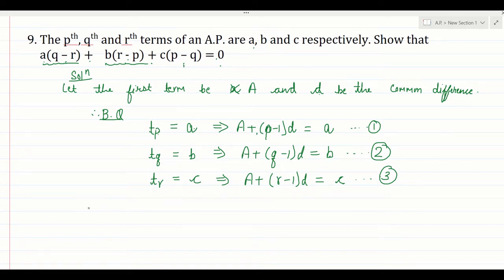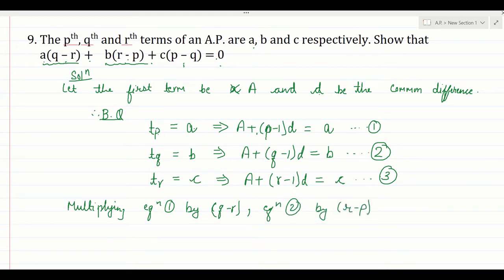Okay. So multiplying equation 1 by Q minus R, equation 2 by R minus P, and equation 3 by P minus Q. Is this clear?